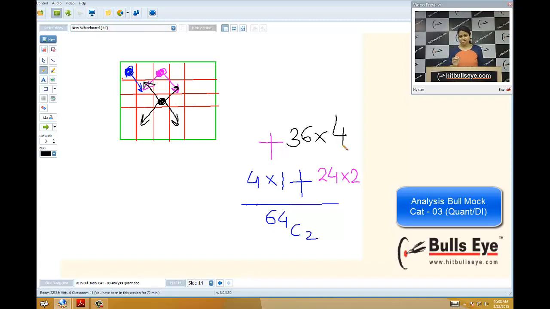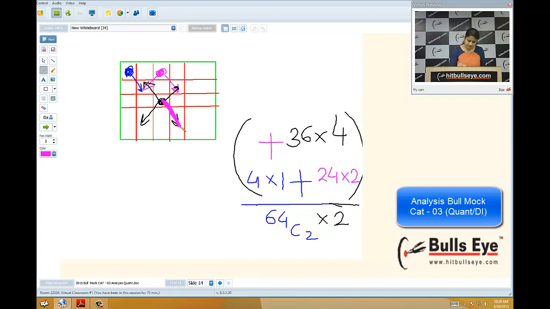Now, this is not the exact answer. We have to divide this whole numerator by 2. Why so? Since I'm getting repeated cases. When I was counting edge squares, I was getting this combination, this dark pink one.